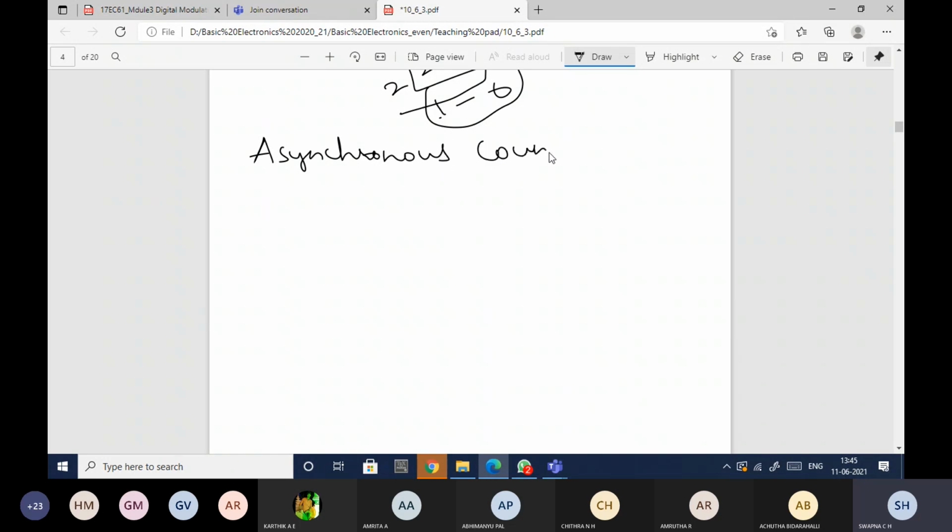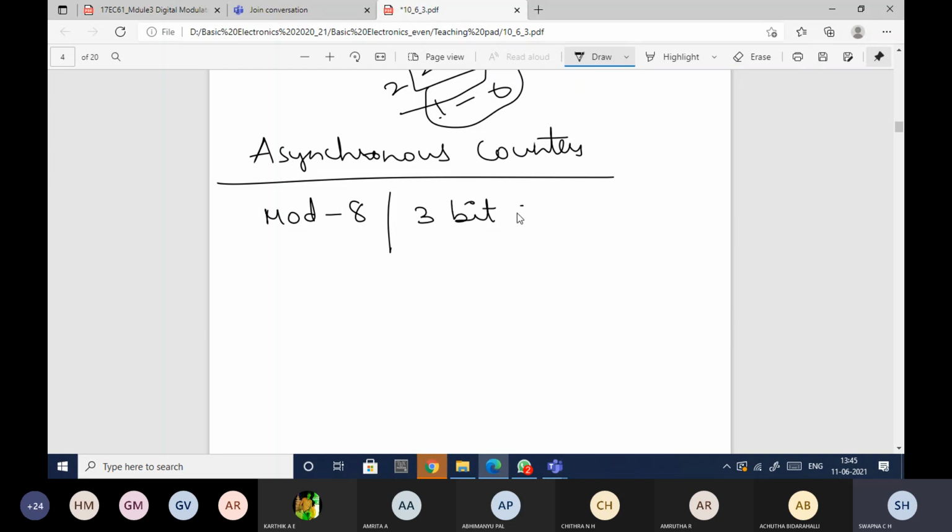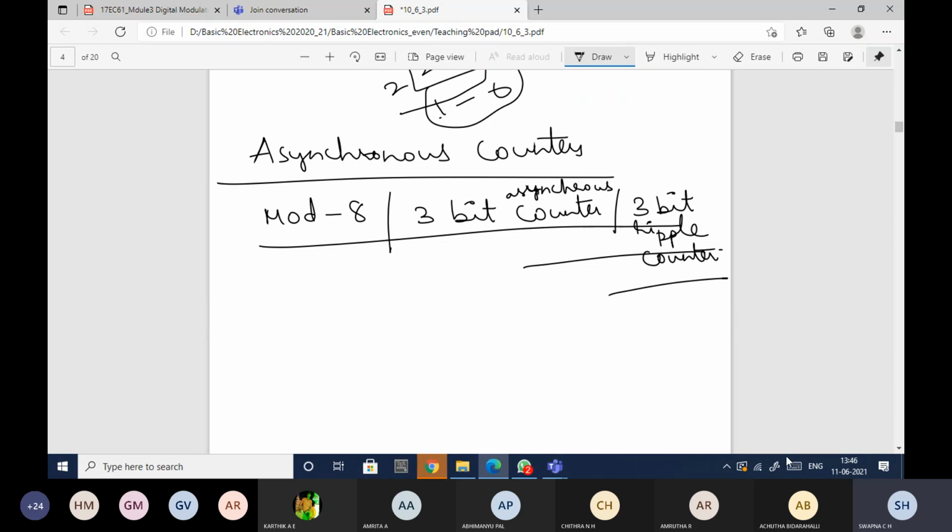As I've already mentioned, you have a mod 8 counter, or you can call it a 3-bit counter, 3-bit asynchronous counter, or a 3-bit ripple counter. Any of these names you see, you have to write whatever I'm going to teach now. Why it is called a ripple counter, I'll tell you later.